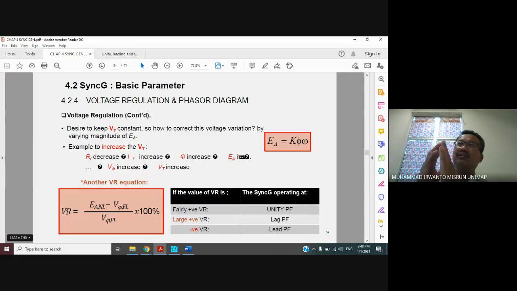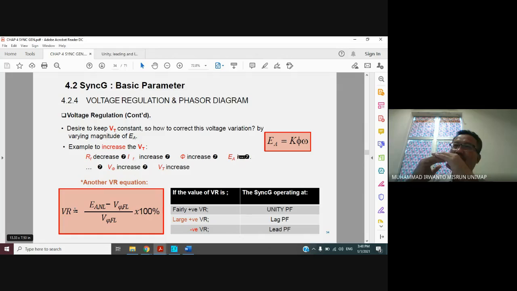The voltage regulation is equal to the internal generated voltage at no load minus the phase voltage at full load, divided by the phase voltage at full load. And then how about the value of the voltage regulation? Because remember, the type of cos theta, the power factor, can be unity, lagging, and leading.